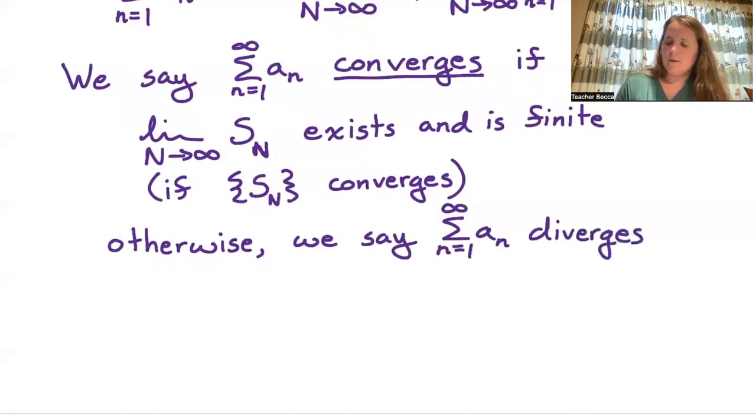So just like with limits and with sequences, if the limit doesn't exist, then it diverges.